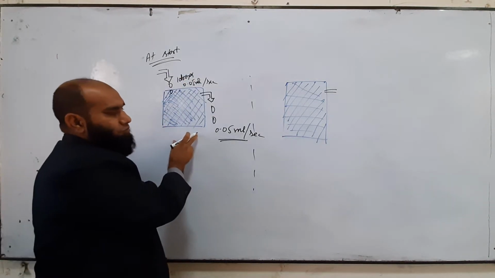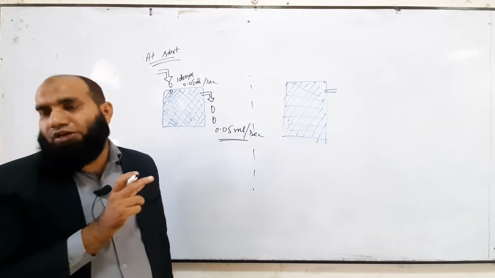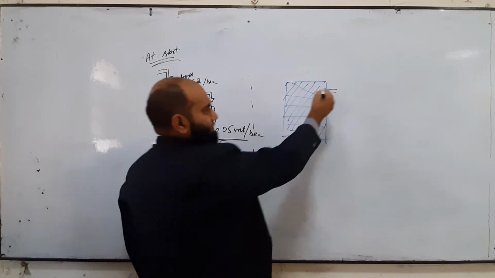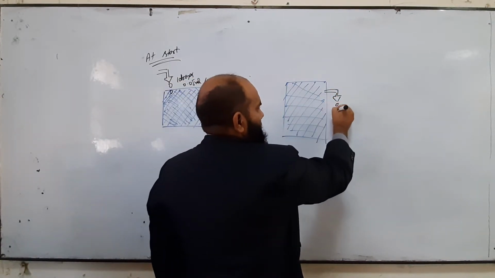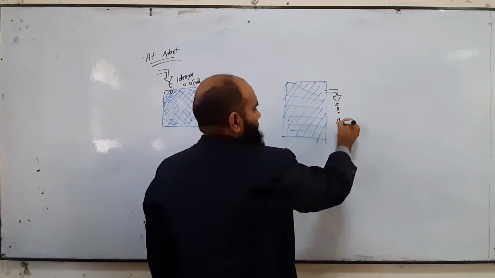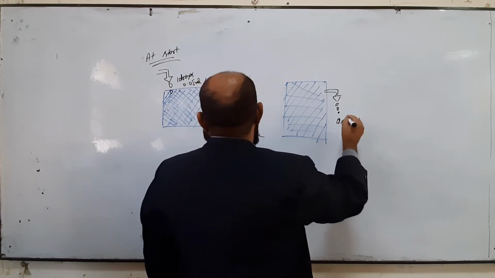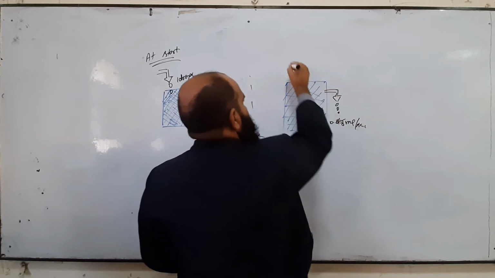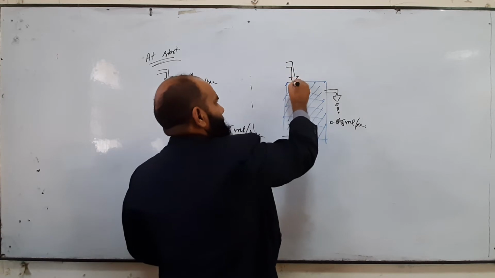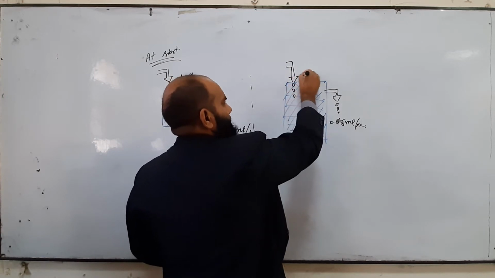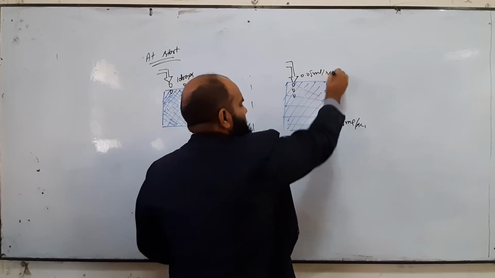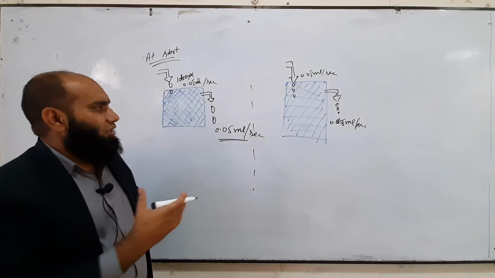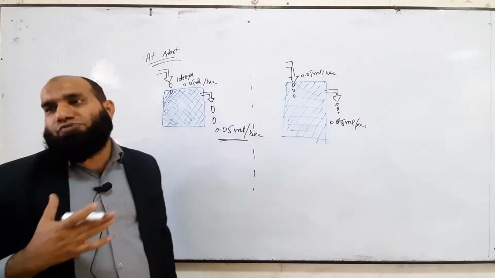At the initial time t0, we have the maximum concentration, and as time passes, we are continuously removing 0.05 ml per second and adding the same amount in drops.